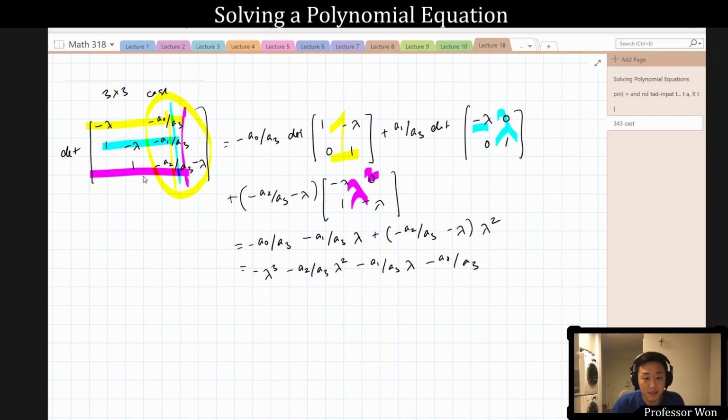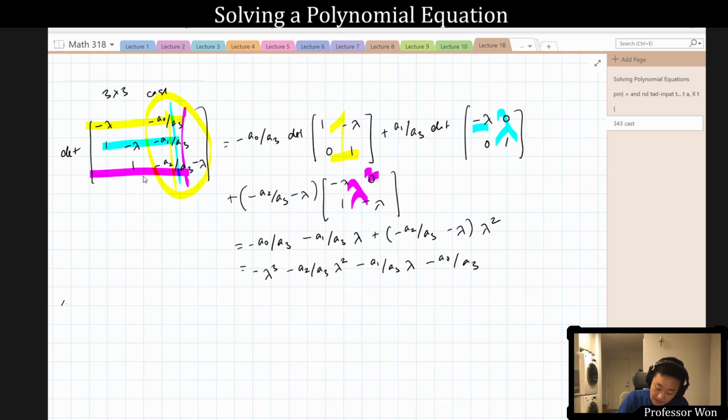Multiplying by a3, which is a non-zero real number, and multiplying by negative 1 doesn't change the roots. And so it's true in this case that you'll get a non-zero scalar multiple of the polynomial that you want. So the roots of that polynomial are exactly the eigenvalues of this companion matrix. Okay, that's the 3 by 3 case.